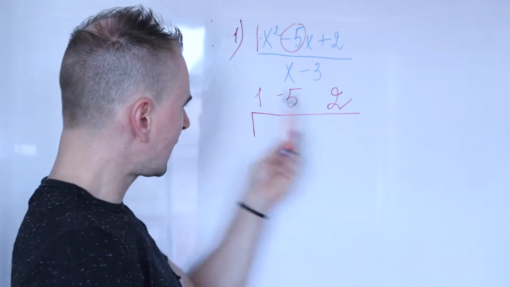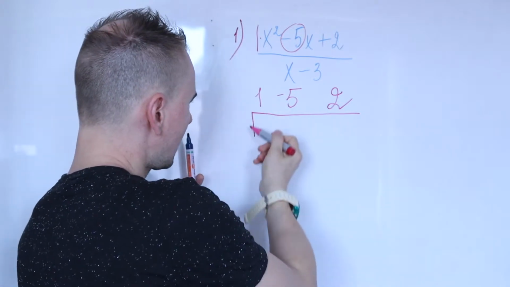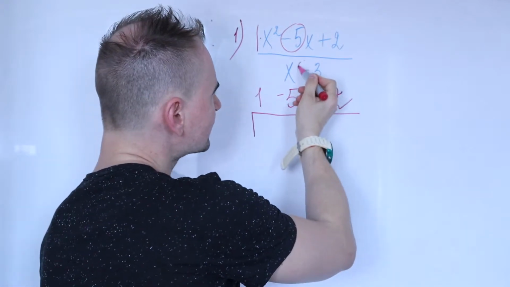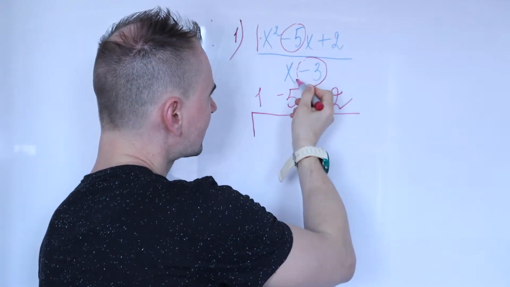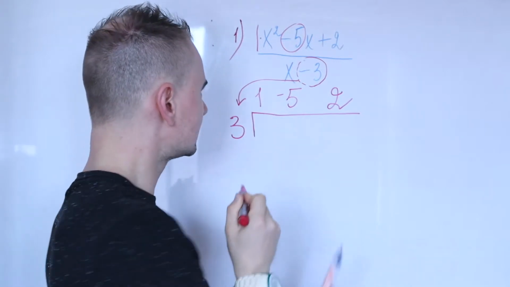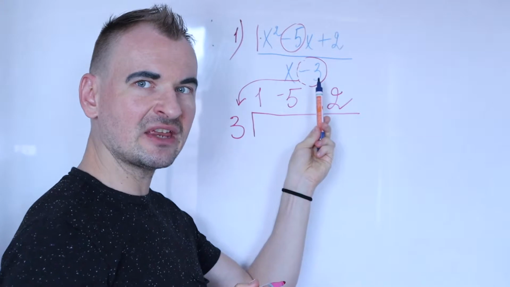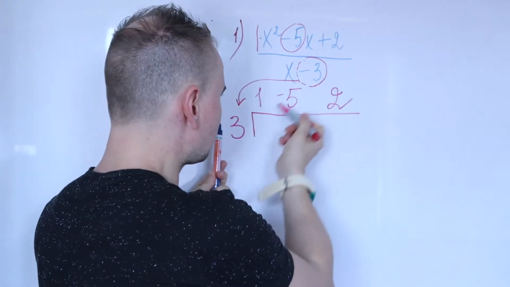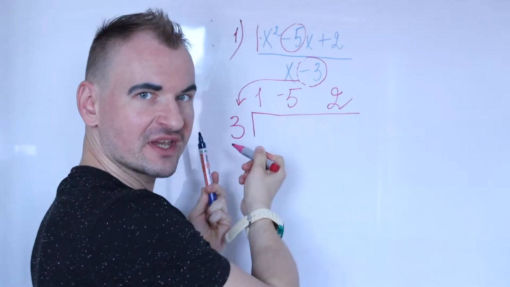Now, on here you are going to place not negative 3, you are going to place the opposite number. So you are going to place 3 always.